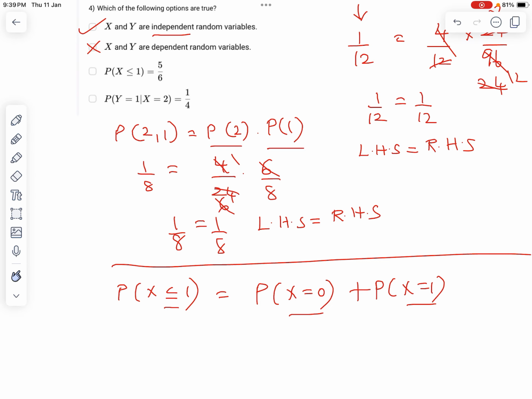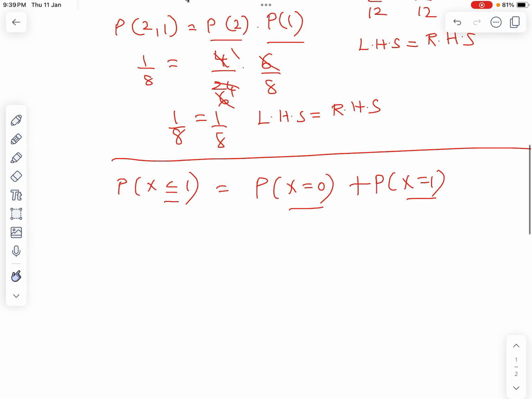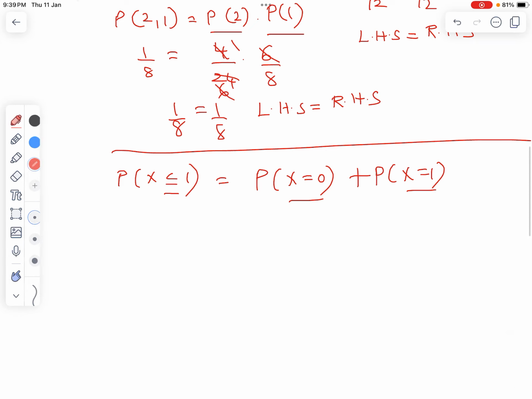Now finding the total for each value: for x equal to 0, it is 4 by 12, and for x equal to 1, it is 4 by 8. Now substituting these values, 4 by 12 plus 4 by 8.